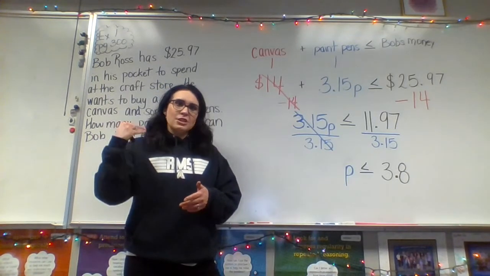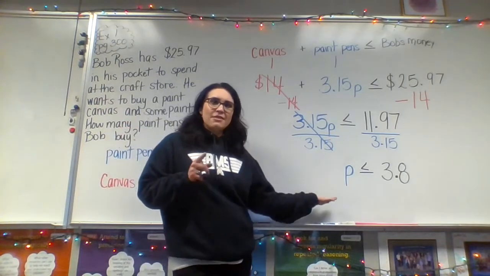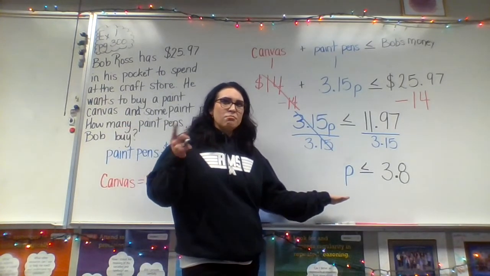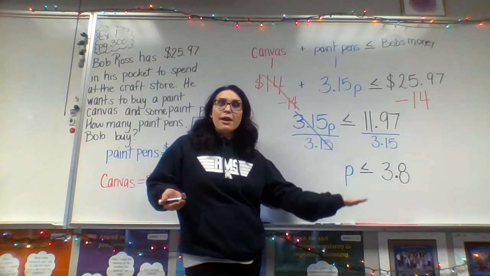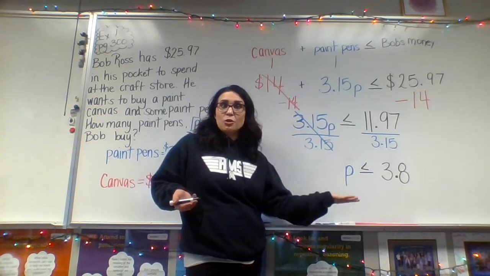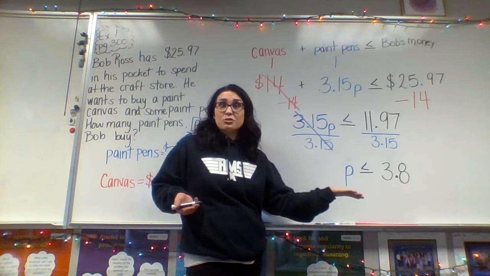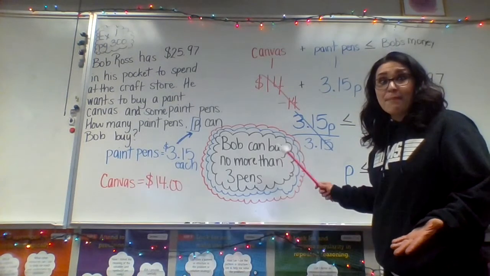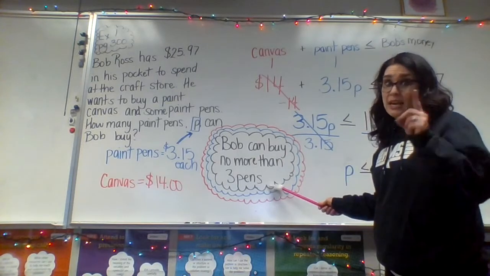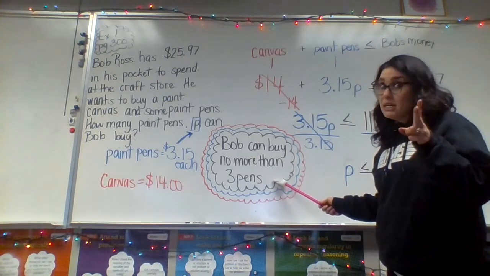So let's think logically, right? He doesn't quite have enough to buy 4 pens, but could he buy 3 pens? Totally, right? So how can we actually write this solution, or how can we interpret what this solution to this inequality actually means? This means, my friends, that Bob can buy no more than 3 pens. He has enough money to buy 1 pen. He has enough money to buy 2 pens.